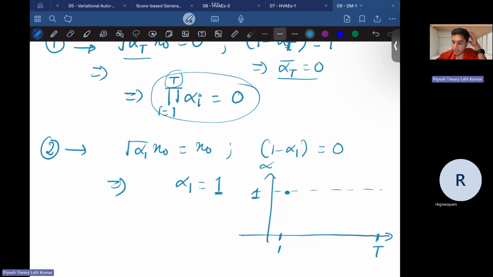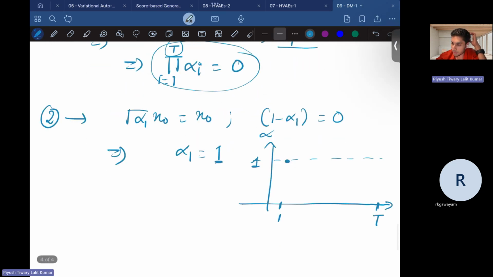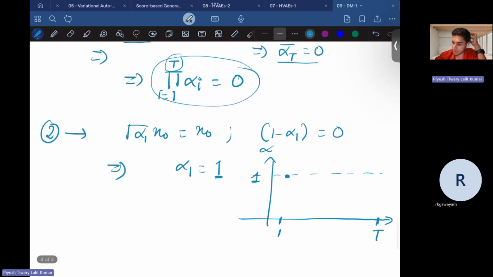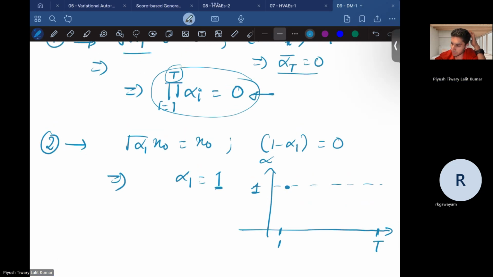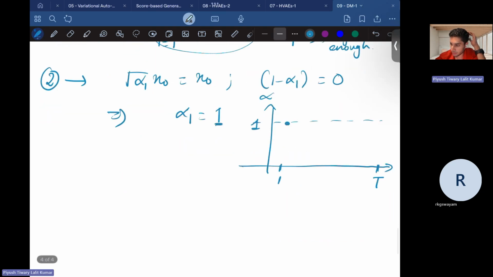In that case, it will become close to 0. So to satisfy this condition, alpha i's should slowly go down to 0, and t should be large enough.